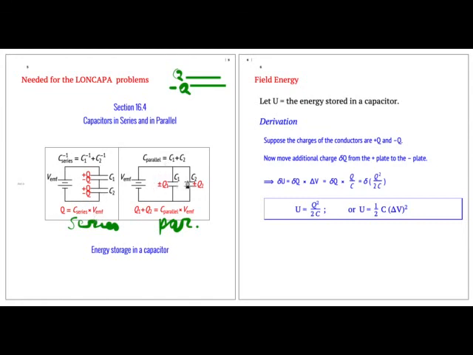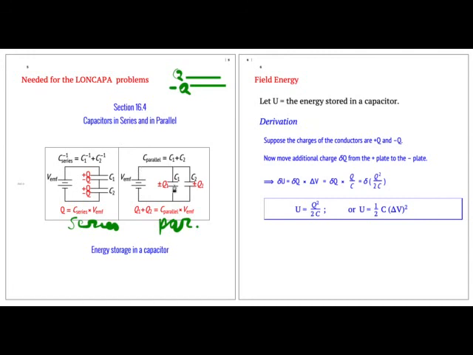This is parallel capacitors. Again, we have a battery and it's connected to two capacitors. But the connection is different. They're actually two parallel paths. There's a circuit which goes through capacitor 1, and there's another circuit which goes through capacitor 2.